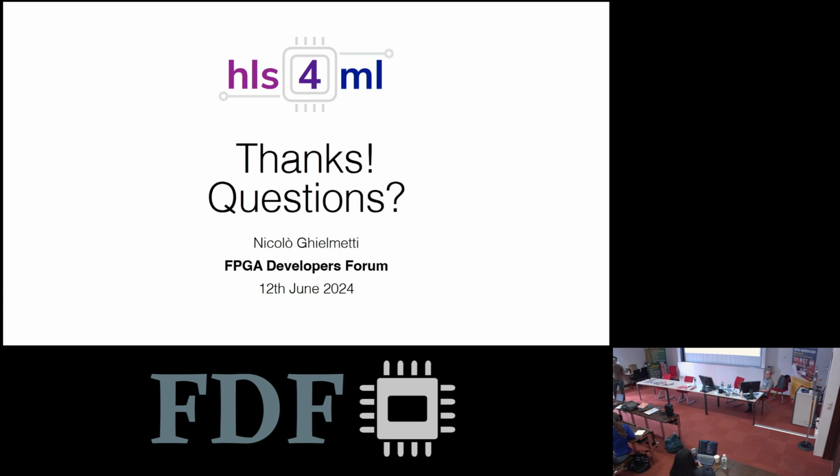Actually, HLS4ML is capable of what is written in the library. There is not an automatic translation from the high-level machine learning to the HLS. If you don't have the HLS code written by someone with expertise in HLS, that particular layer is not supported.